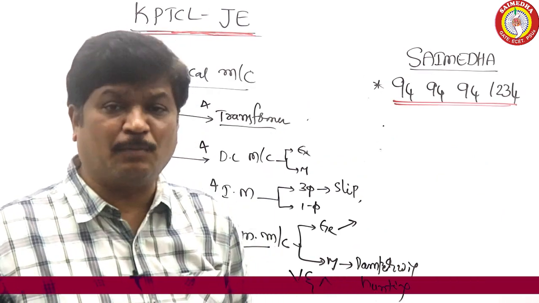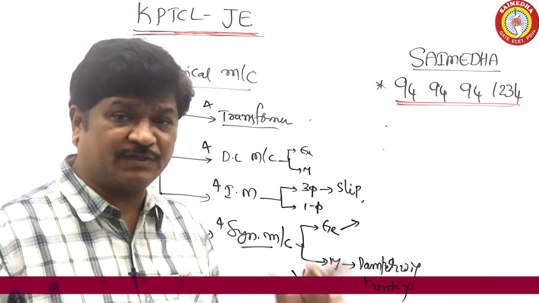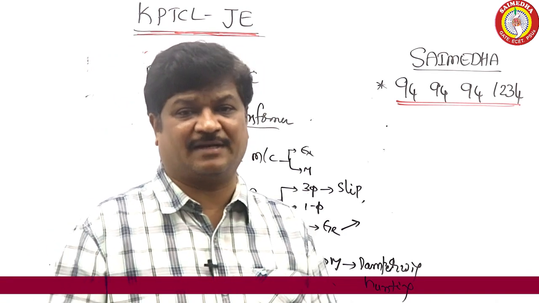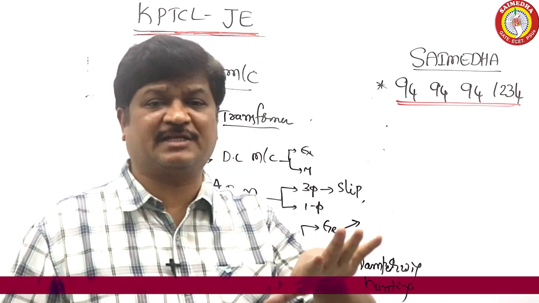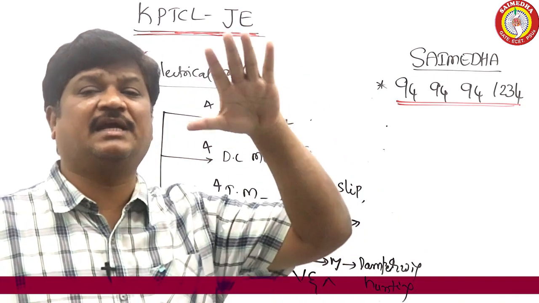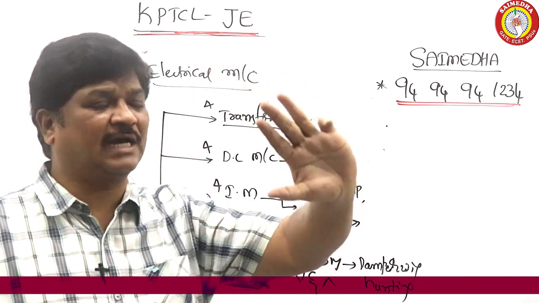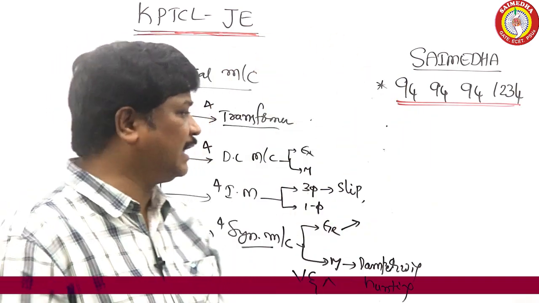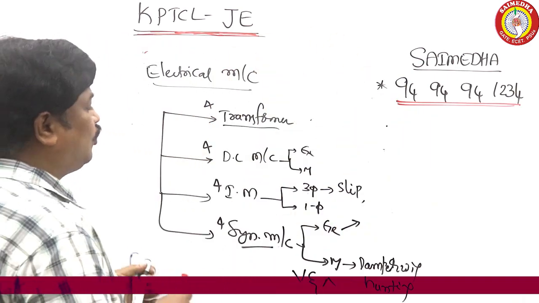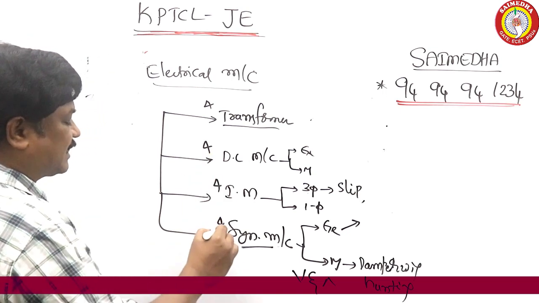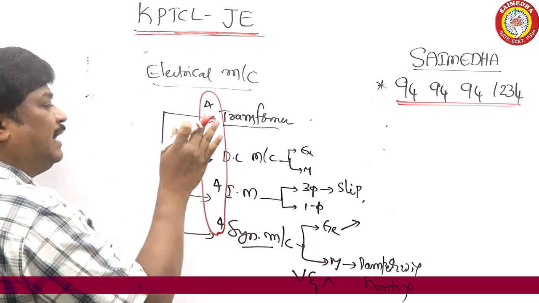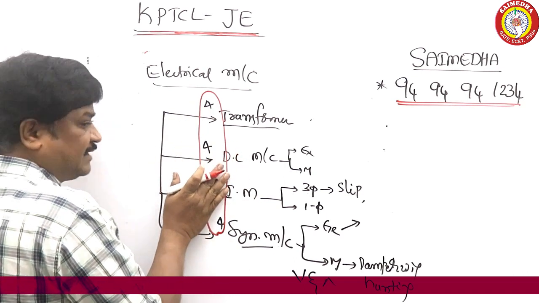And one more is what I told you: regulation, parallel operation conditions and synchronization methods, synchroscope, dark lamp method, bright lamp method. From that we can get. Each machine may carry at least 4 marks, like that 16 marks minimum I am expecting, especially from the machines.